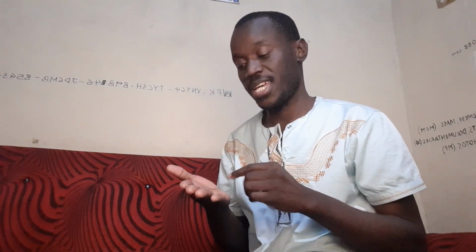Control Y is to redo. This goes hand in hand with Control Z. Control Z is undo. I have typed, say, Toms, and I'm like, that should be cut out. I want to remove that S part. So I can do Control Z and it will undo that S part.